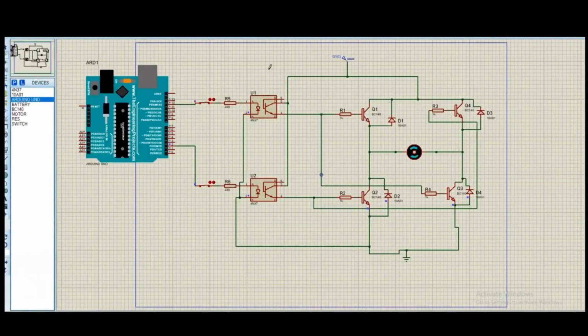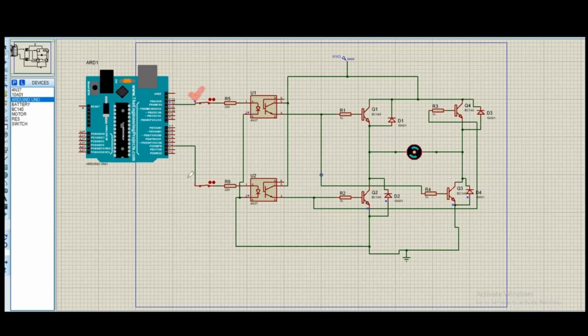Now, as you can see in this circuit, the one in red is on. I have closed both of the switches because now I am controlling this from this Arduino. You can see that after 10 seconds, it has turned blue.